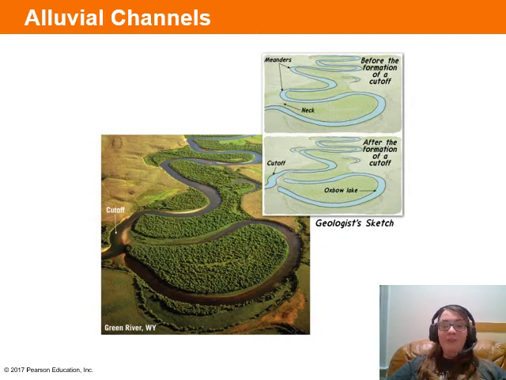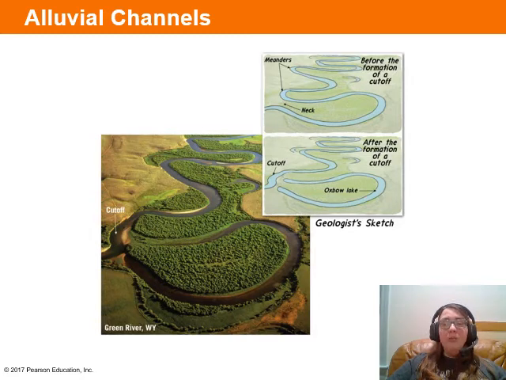So if we were to fly over the Mississippi River in an airplane, we would be able to not only see where the Mississippi River is today, but we're going to see scars of where this river used to be. We can also see a lot of cutoffs occurring. Here, we're seeing that this stream is still moving through this cutoff, but it's only a small amount of water.